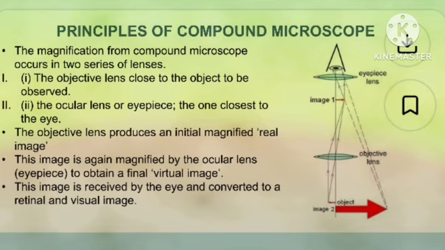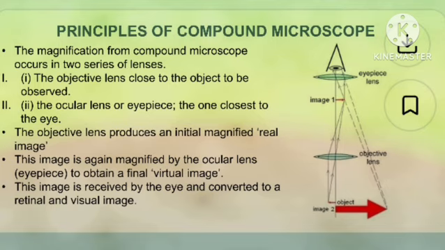The objective lens produces an initial magnified real image. This image is again magnified by the ocular lens to obtain a final virtual image. The image is received by the eye and converted to a retinal and visual image. The total power of magnification is 2000x, so structures less than 0.2 micrometer cannot be resolved with the compound light microscope.